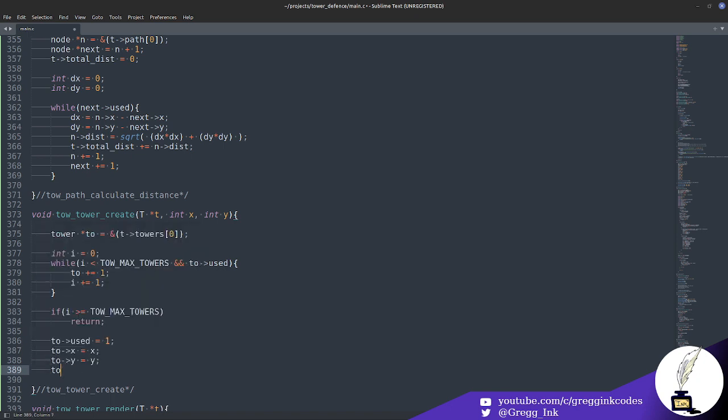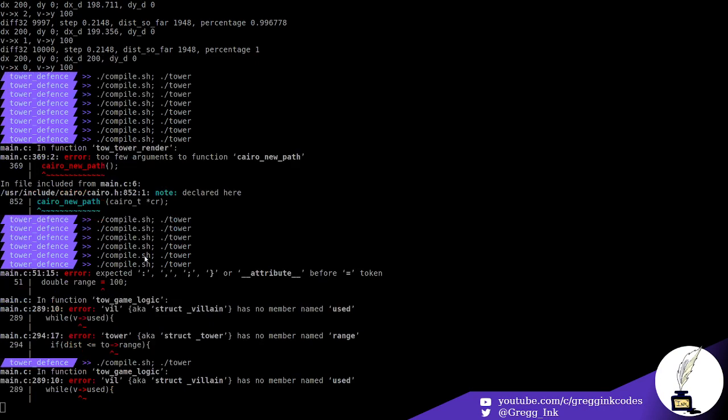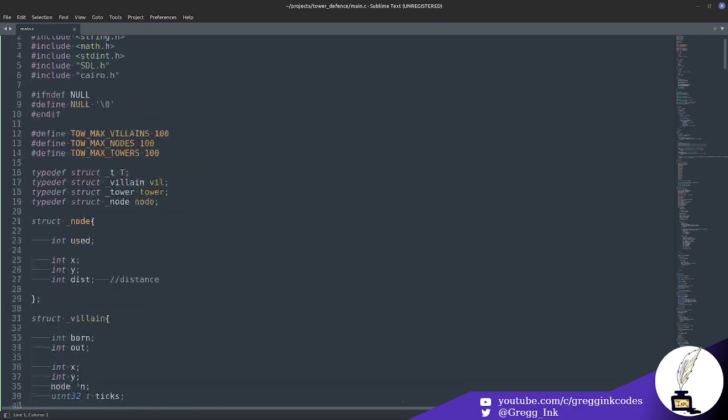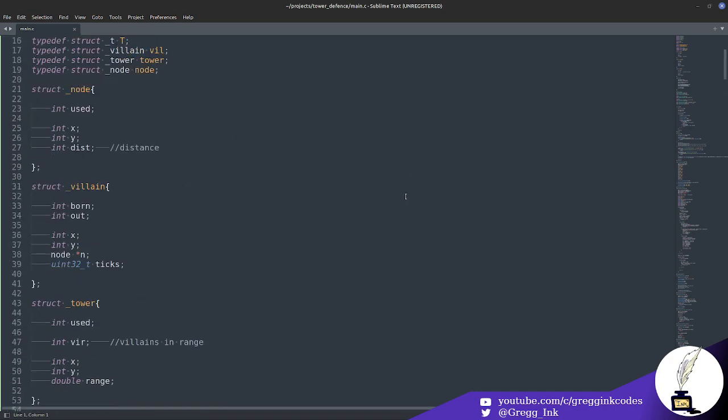So TO range equals 100. Doesn't have used. Oh, because I called it born. Okay.